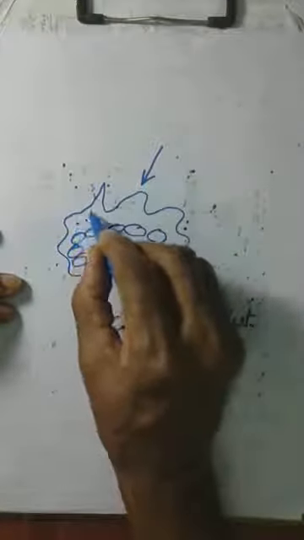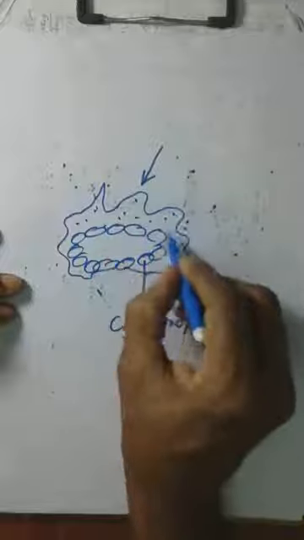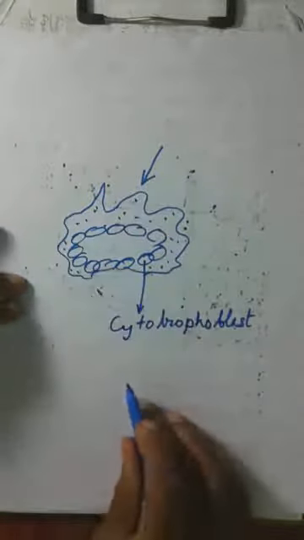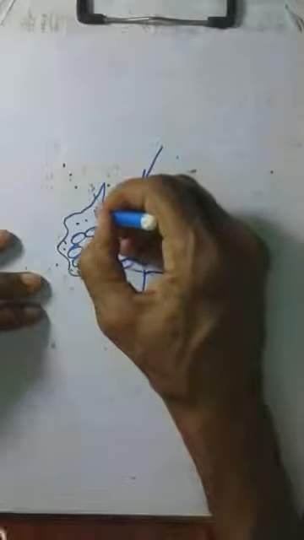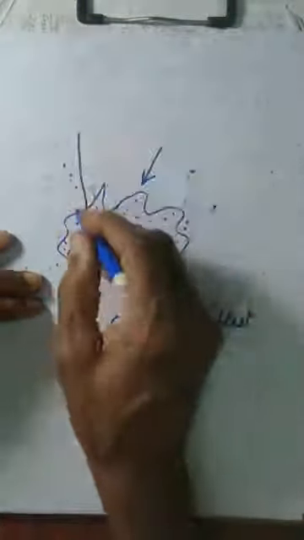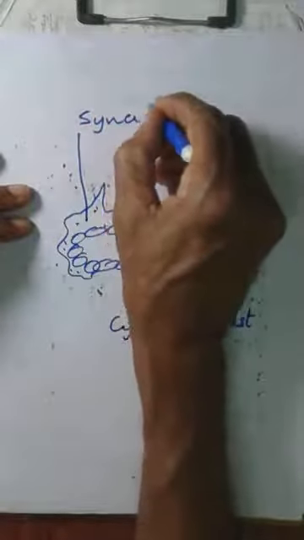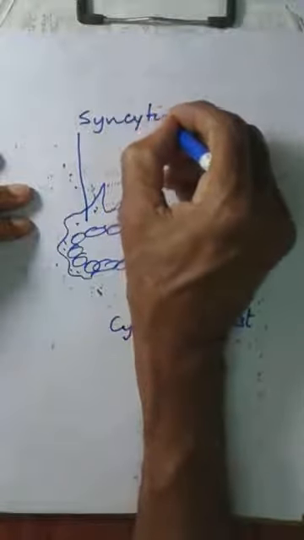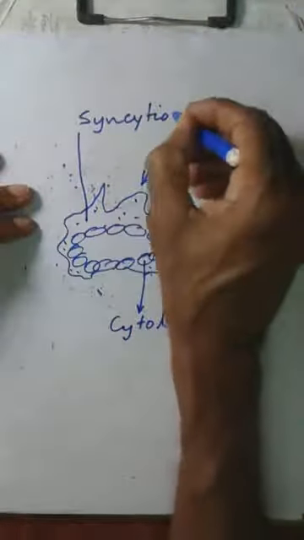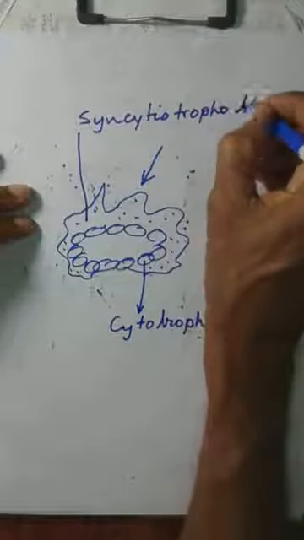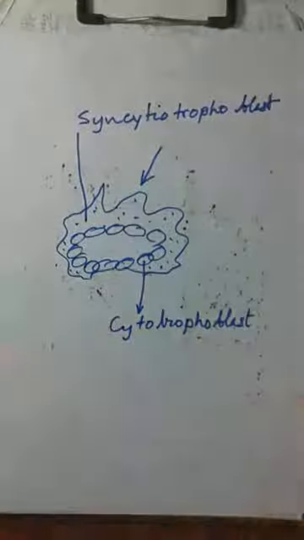They are multinucleated trophoblasts, called syncytiotrophoblasts.